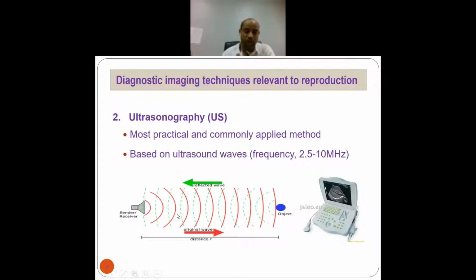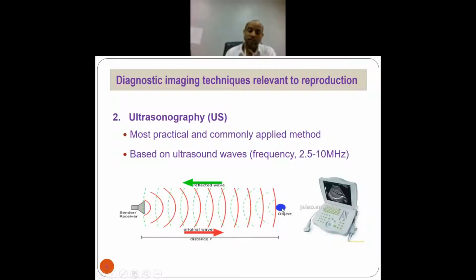This sound wave, once produced, will propagate into the tissue or organ which is intended to be scanned. Once the sound wave is emitted into the object, depending on the density of the tissue, there will be a reflection of the sound waves back to the transducer. As you can see here, the red lines refer to the original waves which are produced from the transducer and propagated to the tissues or organs.